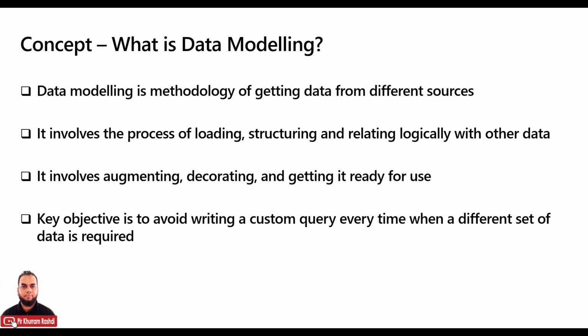How are they related? There are parent and child relationships and cardinality, such as one to many or one to one. So data modeling is a process of loading, structuring, and relating data logically. It also involves augmenting, decorating, and getting it ready for use.